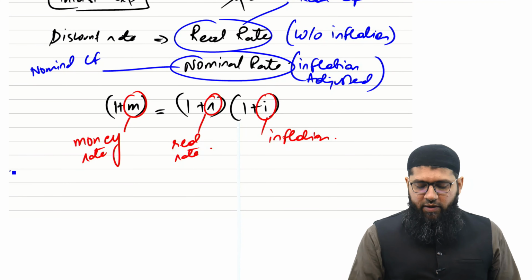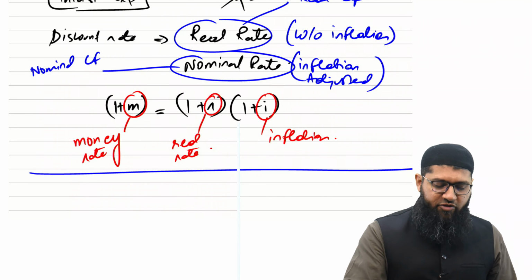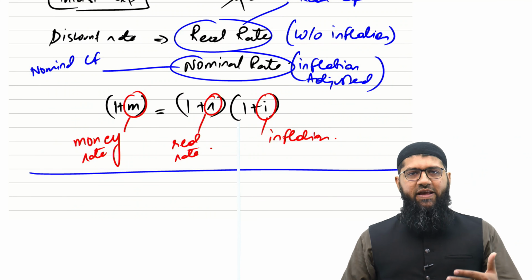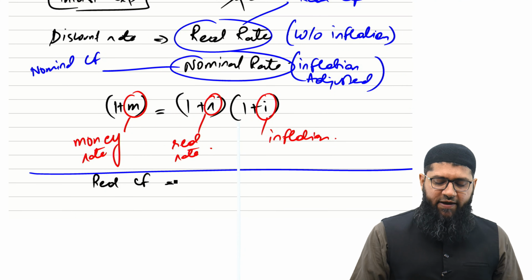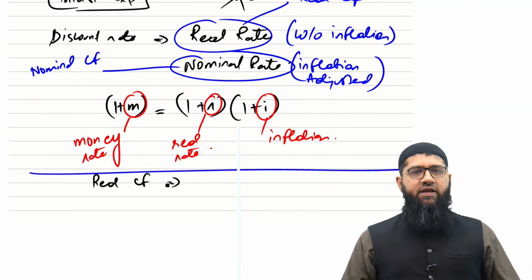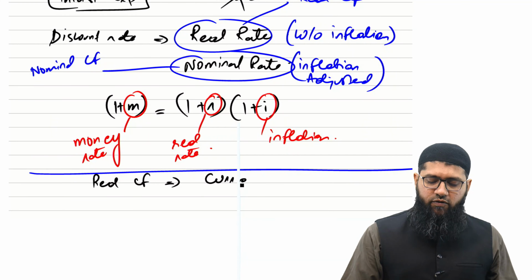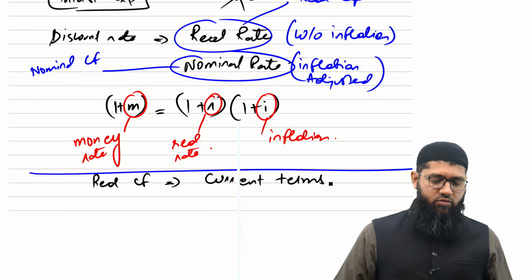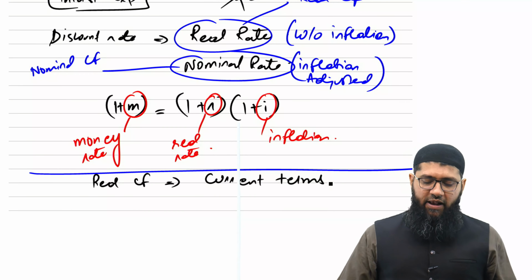Now, there is one more thing that I want you to understand. Let's try to understand this. Basically, the real cash flows, how do you identify in the exam that the examiner has given real cash flows, that is, without inflation? So he could also say the cash flows are expressed in current terms, current price terms. So that is also an implication that it's a real cash flow.